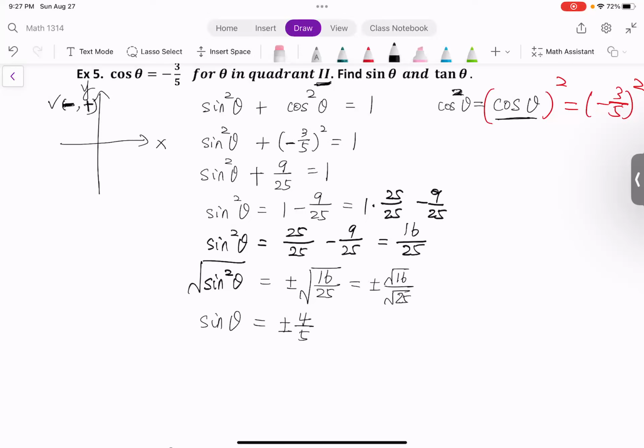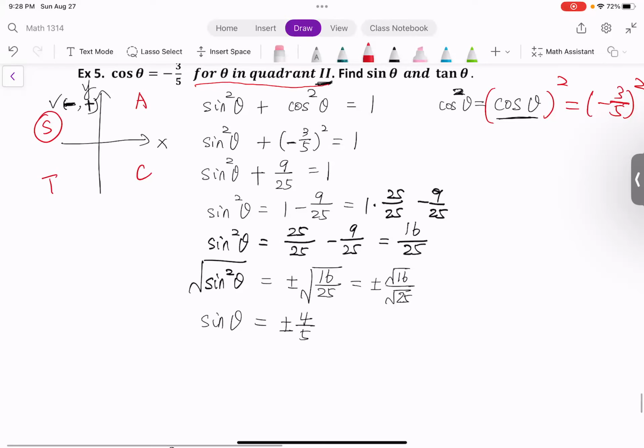So can I keep two solutions for the sine theta? I cannot, because it gives us that theta is in the second quadrant. In the second quadrant, is sine positive or negative? A, S, T, C. Sine is positive in the second quadrant. That means I can only keep the positive solution 4/5.